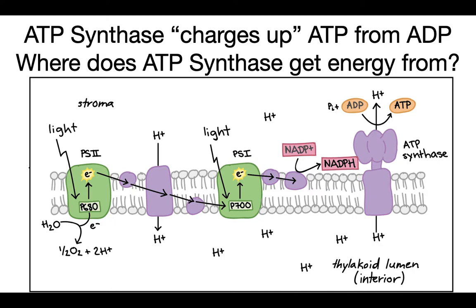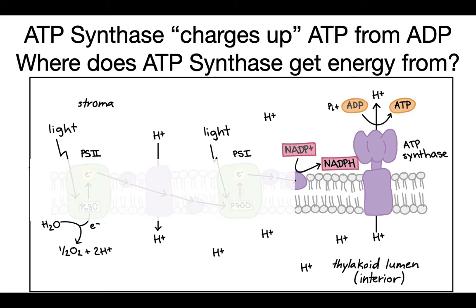And we've got this electron transport chain in purple through the middle there, and then we've got more light striking a different photosystem, charging up a different electron, and that electron is being used to charge up, in a smaller electron transport chain, NADPH. But what is providing the energy for the ATP synthase itself?